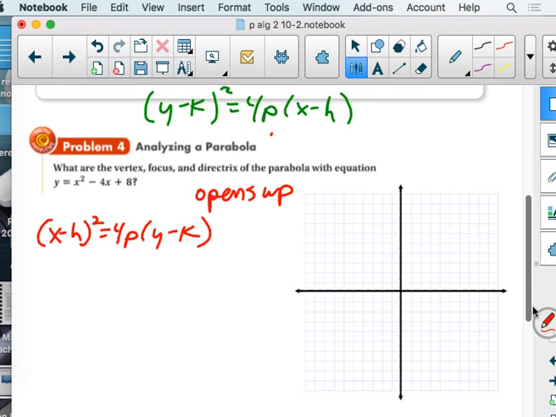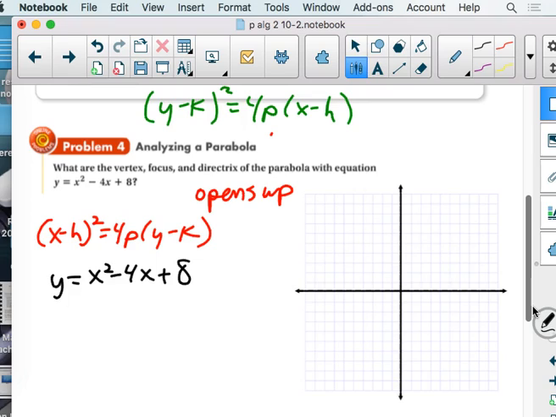All right. So, I don't see any parentheses squared up here at all. Oh, we have to make them that way. And that uses completing the square. So what we'll do is we'll say, all right, I'm starting with this. Y equals x squared minus 4x plus 8. That 8 is not a perfect square. It's not helping me where it is.